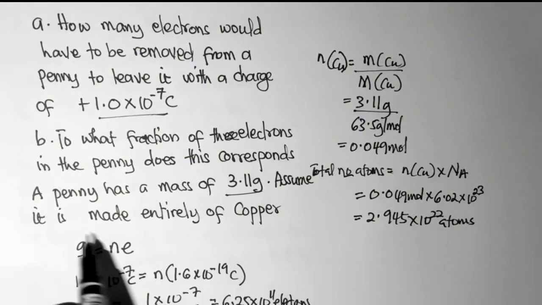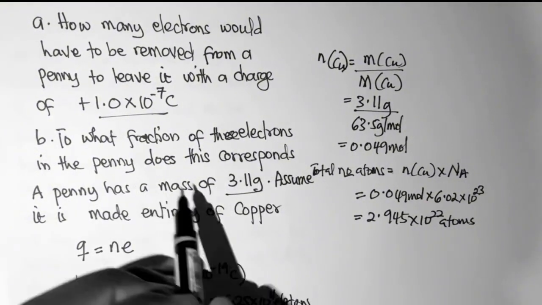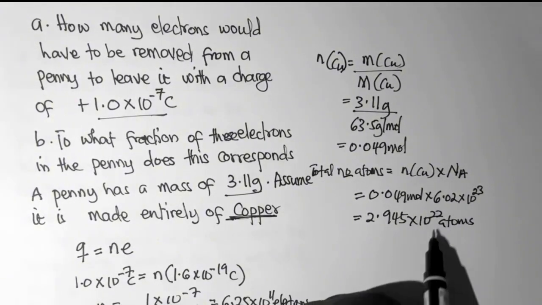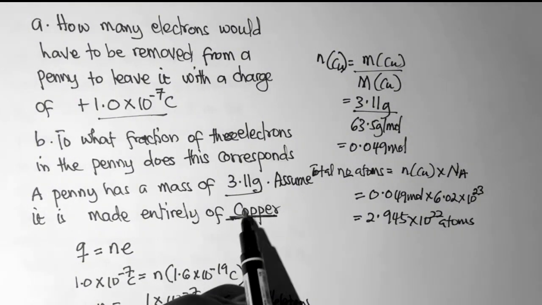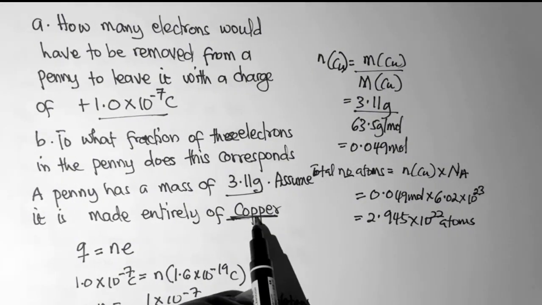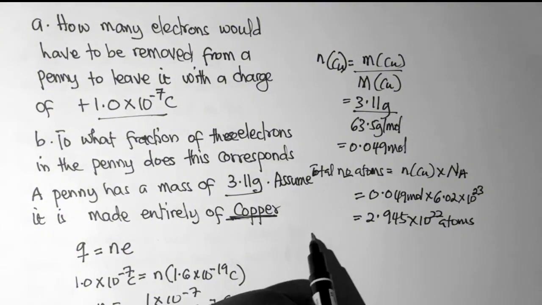But the penny is made up of copper. So since it's made up of copper, each atom in the penny is going to have the same number of electrons as each atom of copper has, and the atomic number of copper is 29.